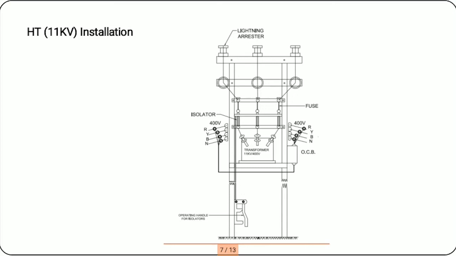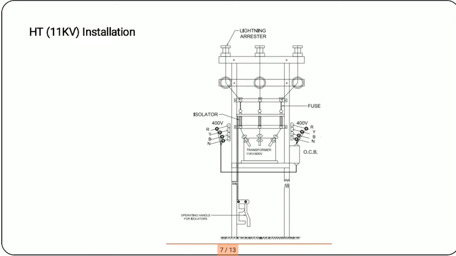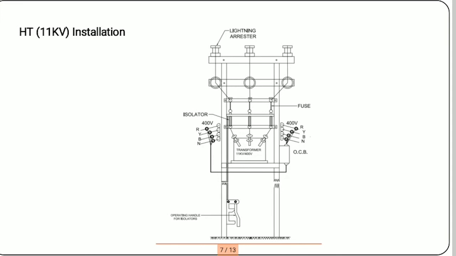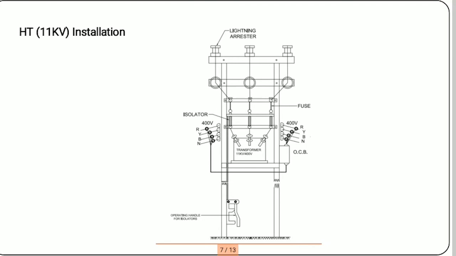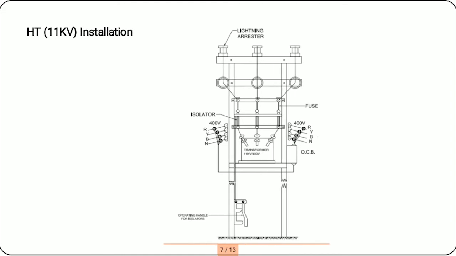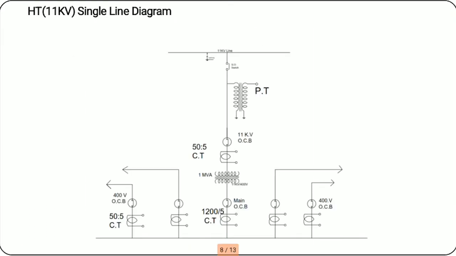This is the AutoCAD drawing which was prepared in AutoCAD 2017, converted into PDF and pasted here. This diagram shows all the components like lightning arrestor, isolator, fuse, transformer, then the operating handle for the isolator, and the oil circuit breaker, that means OCB, etc. These are the HT 11 kV installation components drawn in AutoCAD.